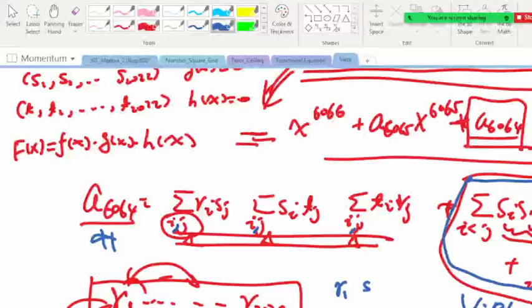R1 S2, R2 S1, then R1 times S1. We know both cases are included here. Is this case included here? No. I'm confused.